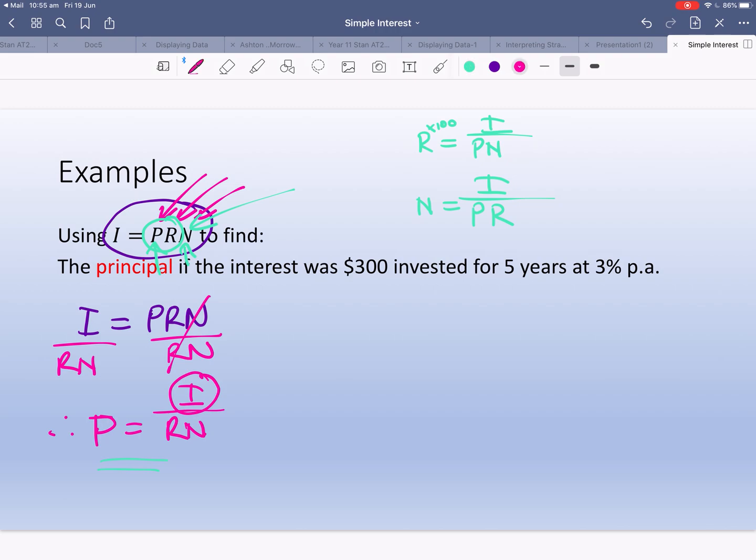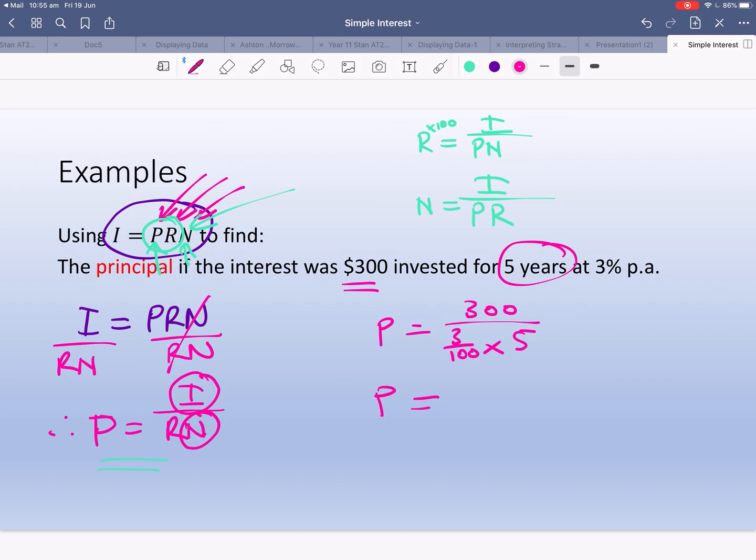So find the principal. Interest was 300, so we'll go P equals 300 divided by, what's our rate? 3%, or 3 over 100. I'll use 3 over 100 here. Times, what's our number of time periods? 5 years. So let's put that in our calculator.